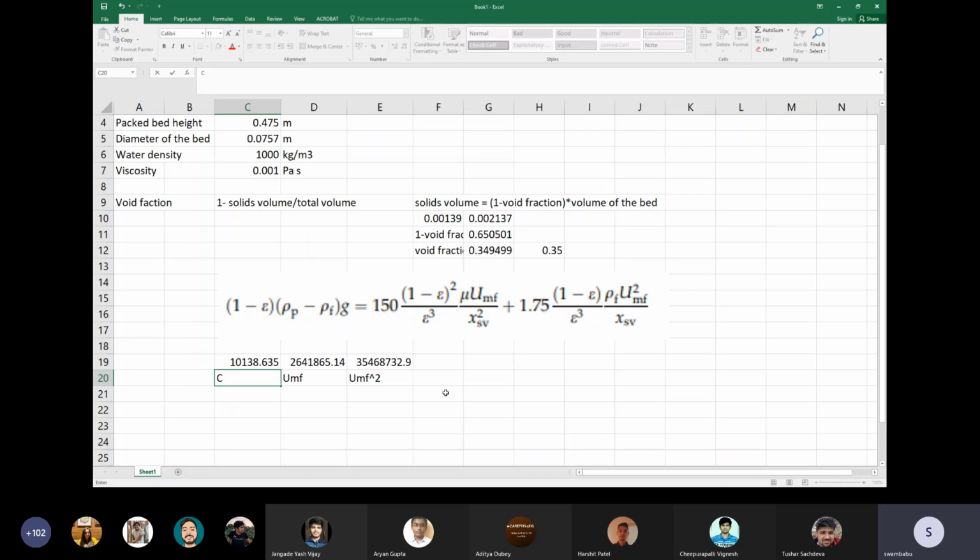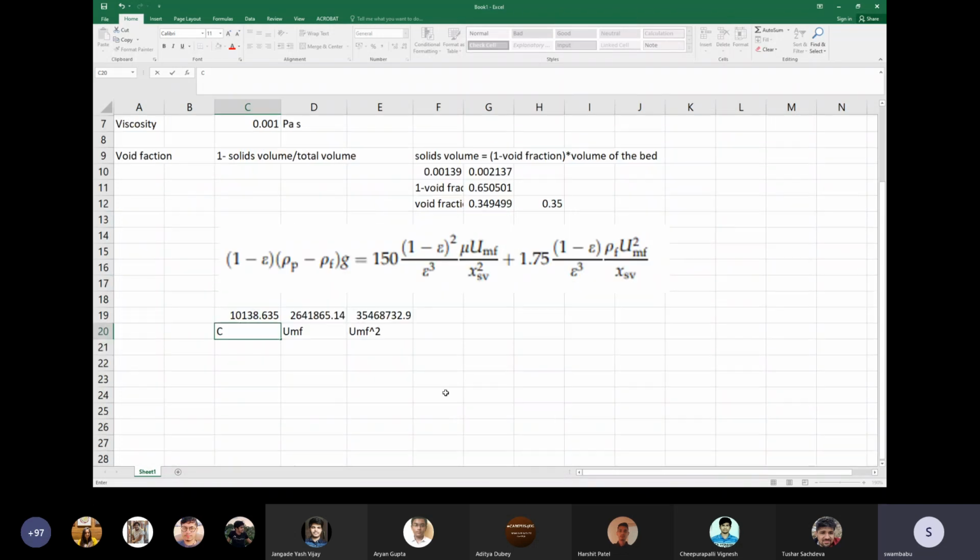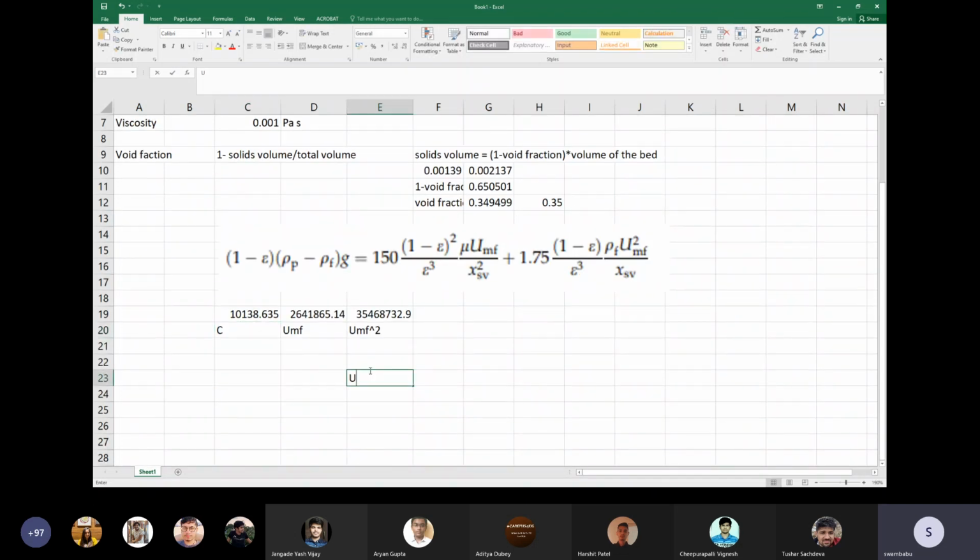So basically, we got the quadratic equation: ax square plus bx plus c. Now I want to find out UMF. How do I find out UMF? Just we will find out the roots. What is the root? Because we want to find the roots of the quadratic equation, minus b plus or minus square root of b square minus 4ac, whole divided by 2a.